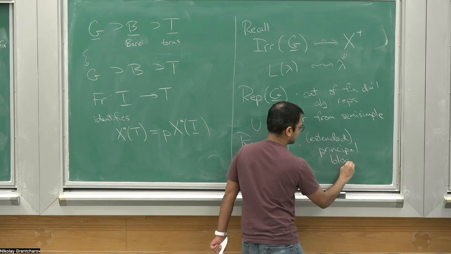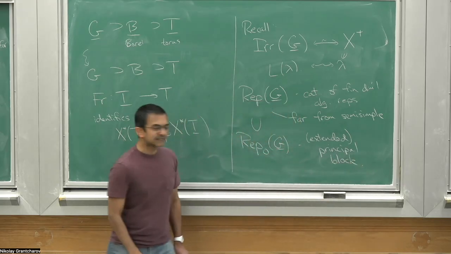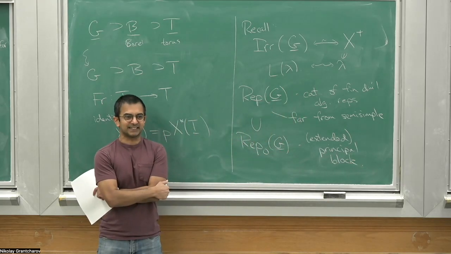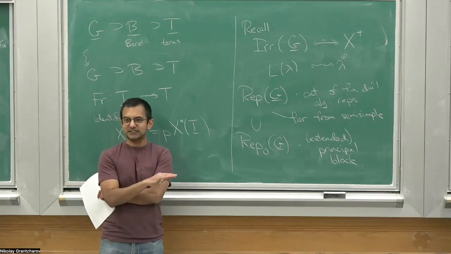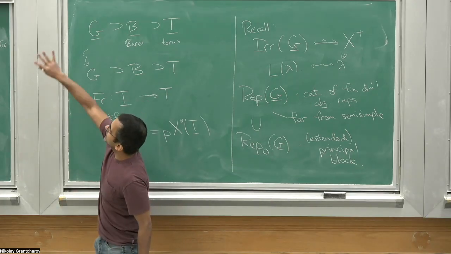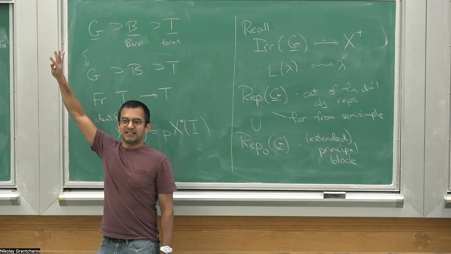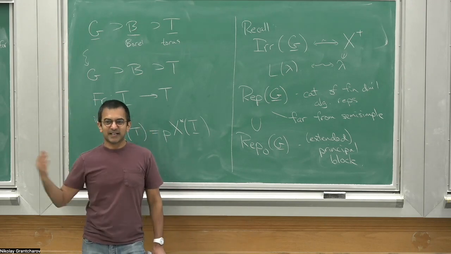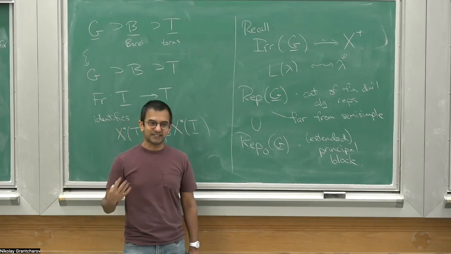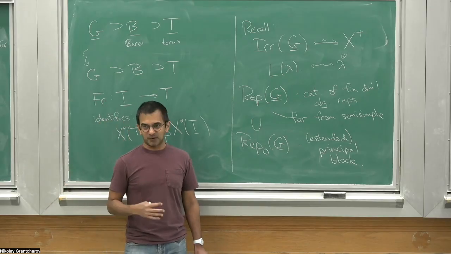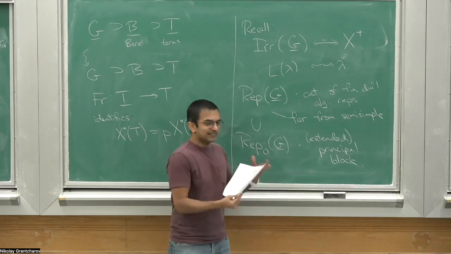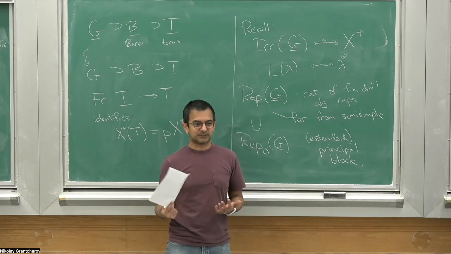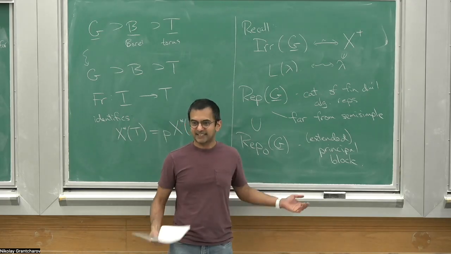The reason the word extended is in parentheses is that I'm going to write down a definition which is convenient for the framework of this theorem, and I might call it the principal block. If you look up in Jantzen's book what he calls the principal block, it's something slightly smaller. It's the difference between the affine Weyl group and the extended affine Weyl group.